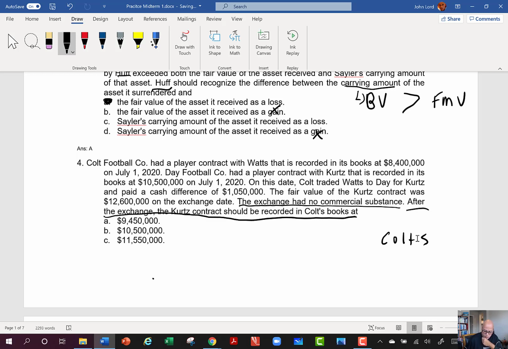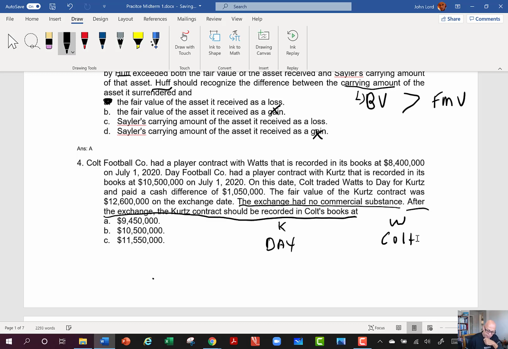Okay, so you've got Colt, one football team over here, and they have this contract with this Watts, who's a player, and then it's going to go over to Day. And Day has this player, Kurtz.